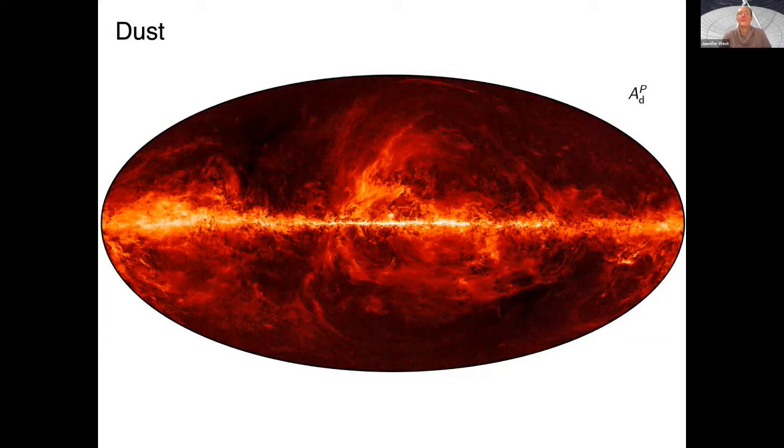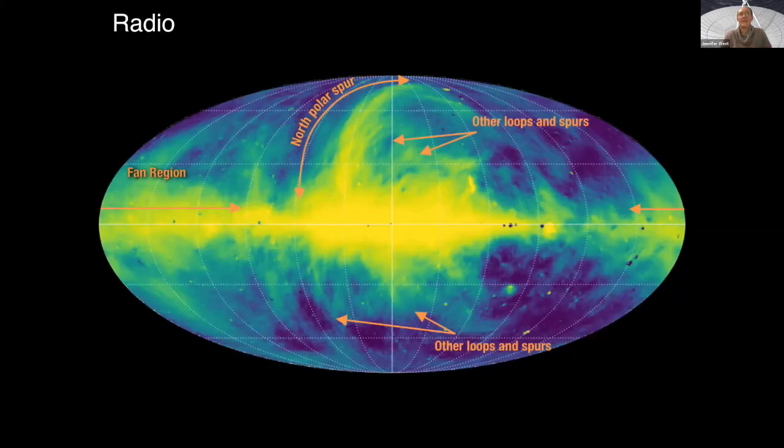This is closer to radio wavelengths, more microwaves. If you look carefully in this map, there's also some emission up here that looks like it could be associated with the North Polar Spur. And there is another bright patch of emission on this side, which looks like it's coincident with this region that I've labeled the fan region.